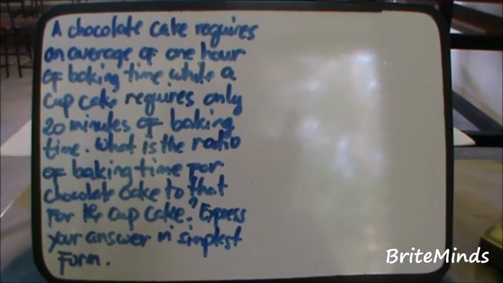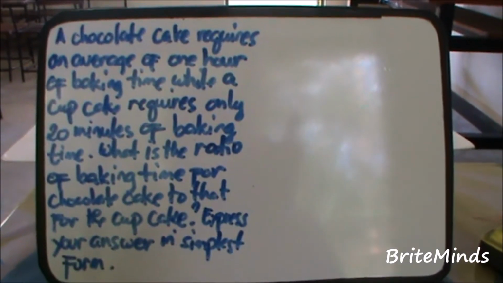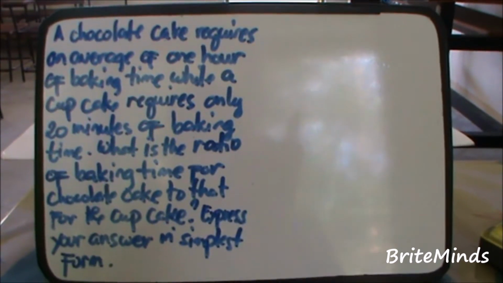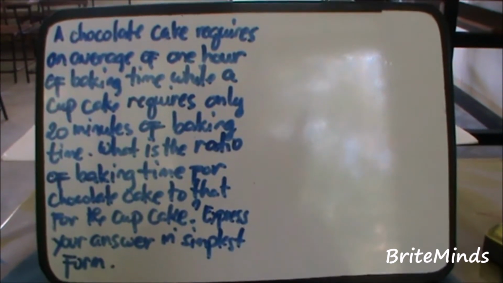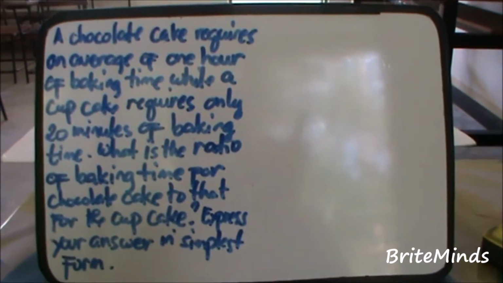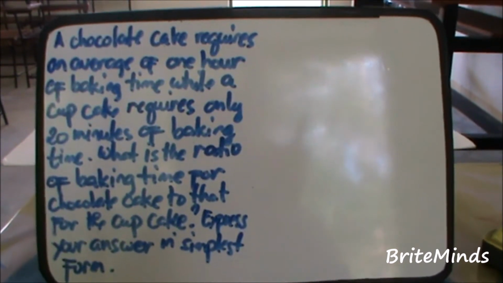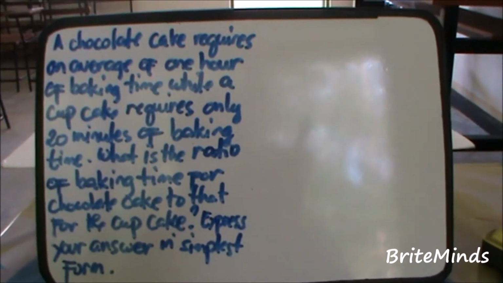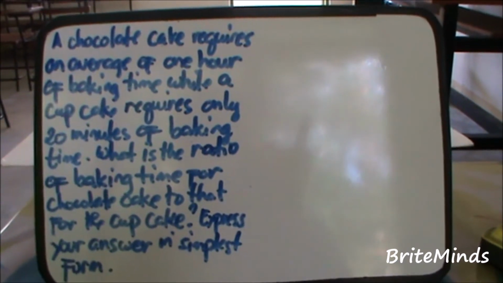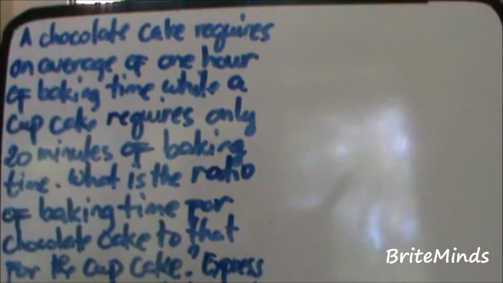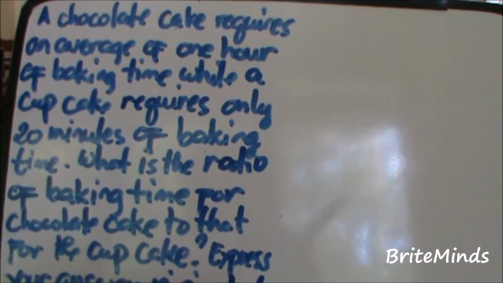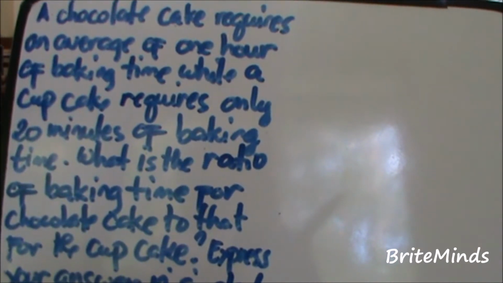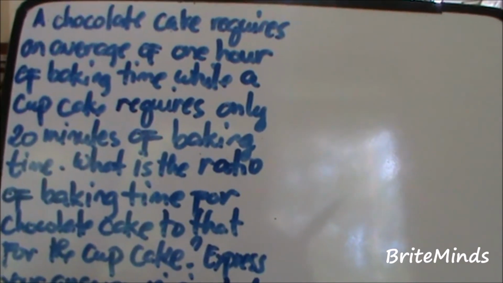We have here a problem for ratio. A chocolate cake requires an average of 1 hour of baking time, while a cupcake requires only 20 minutes of baking time. What is the ratio of baking time for chocolate cake to that for the cupcake? Express your answer in simplest form. The problem is asking for the ratio of the average baking time of chocolate cake and the cupcake.